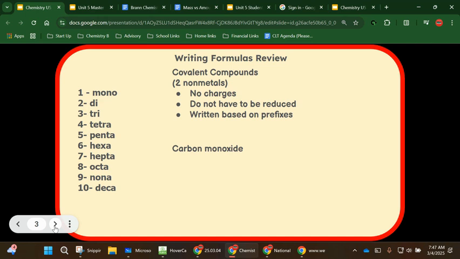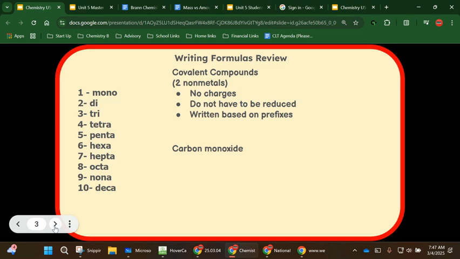No prefix at the beginning means there was one of that first element. So carbon monoxide means one carbon, and monoxide means one oxygen. One carbon, one oxygen. Do not do anything with charges. There are no charges in a covalent compound.